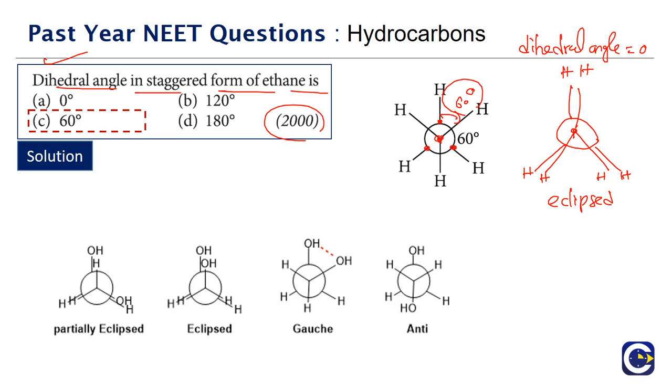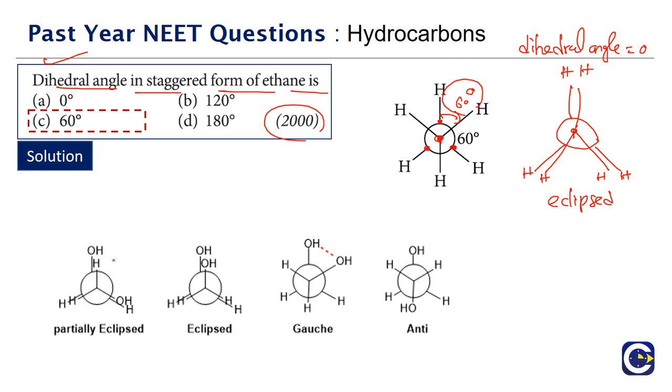And if you look at some asymmetric compound where we have the conformational isomers, like in this case we can see the diol. Okay, so 1,2 ethane diol.